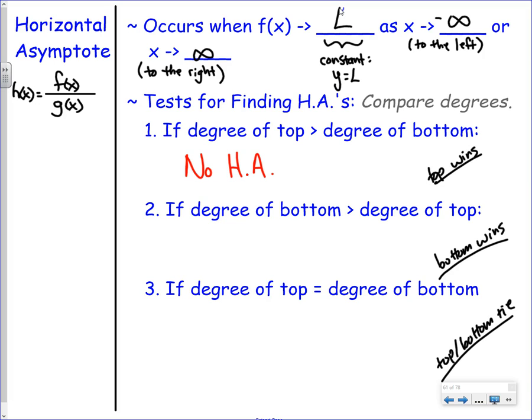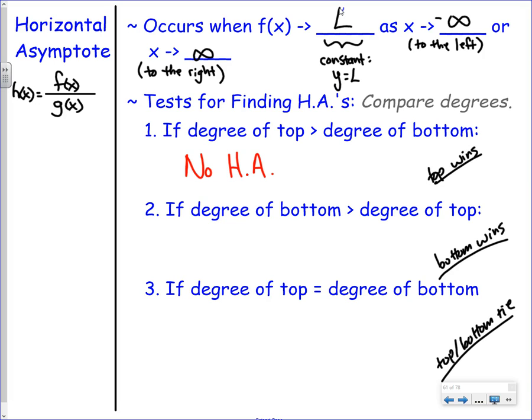So question, if the bottom wins, I want you to think of the following. As you go to infinity, if the degree of the bottom wins, you're dividing by bigger and bigger numbers. And those numbers are beating the numerators. The numerators are adding like whole pizzas, and the denominators are like cutting them into smaller and smaller pieces.